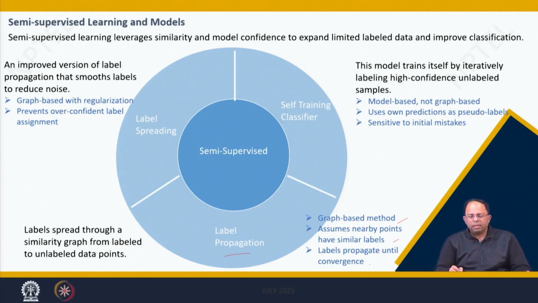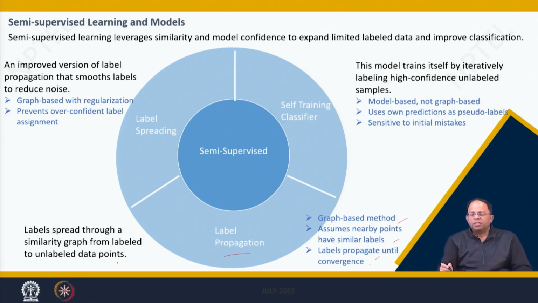Eventually, when the results converge, then it is all fine, and the model gets trained. Labels are spread through a similarity graph from labeled to unlabeled data points, so we are able to generate labels for the entire data set, and we form the model which will be used for final prediction.